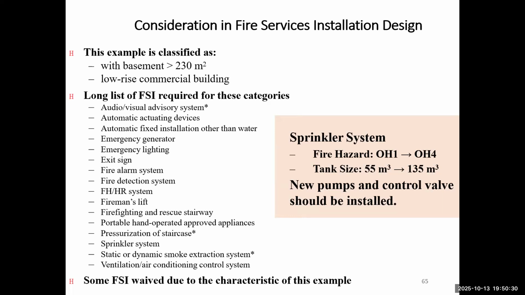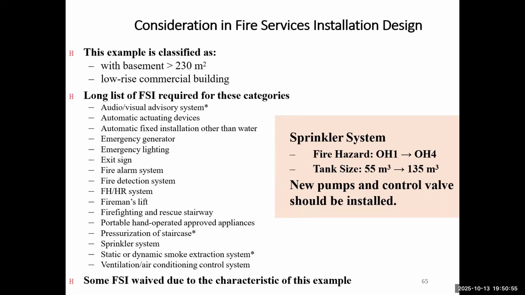But the biggest change is to the sprinkler system. The fire hazard classification changes from ordinary hazard 1 to ordinary hazard 4. This is a very significant change and requires a much higher water density and flow.